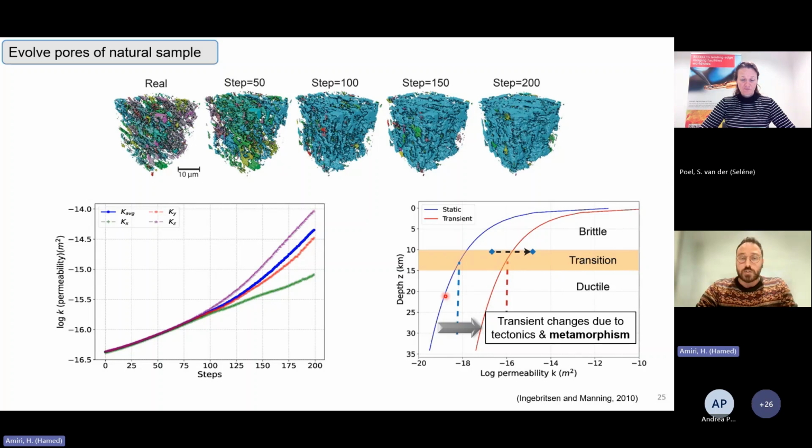So it shows that in the transient, when the reaction is in effect, you can have a several orders of magnitude increase in the permeability. Knowing that our sample comes from a depth of around 10 kilometers, if we put in the permeability result, we can see that there's a good match between the permeability value we got and this red curve.